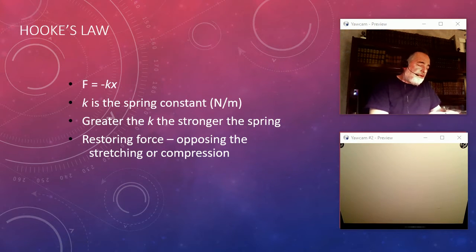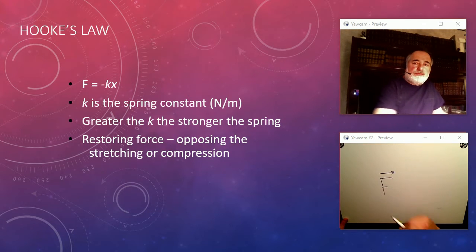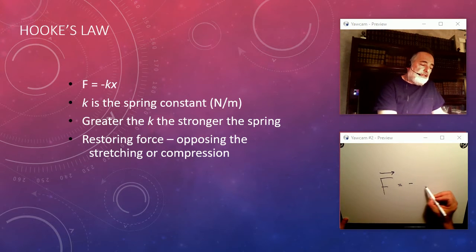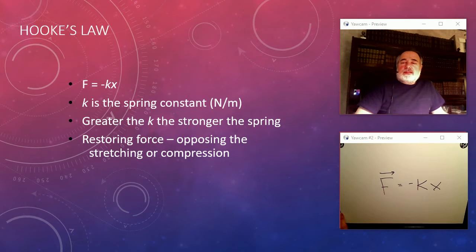Hooke's Law is a fairly straightforward equation. We have force as a vector, and it is a restoring force, that's why there's a negative sign there, to K times X. So what is K and X?